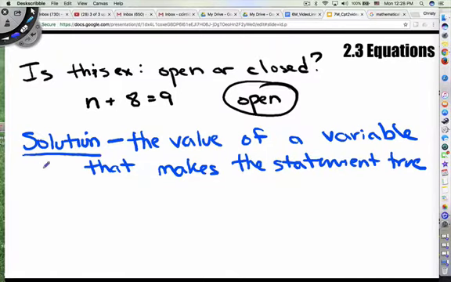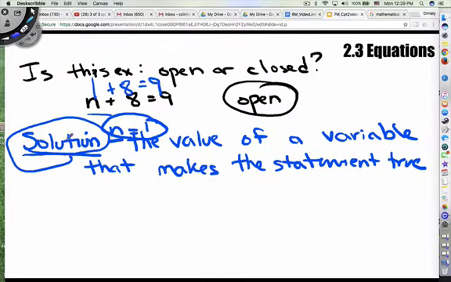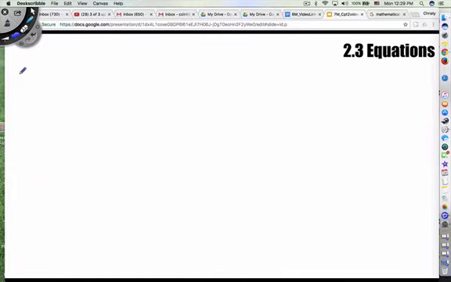That's where we eventually get n is equal to 1 for this example. N is equal to 1 is the solution to this problem. If I were to plug 1 into this, 1 plus 8 is equal to 9. So that's the idea of what a solution is. You may be finding solutions in this section. And then let's go ahead and do a practice.